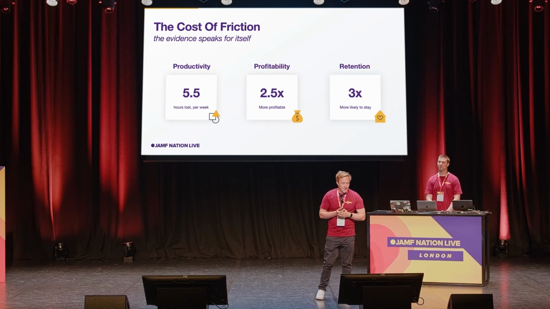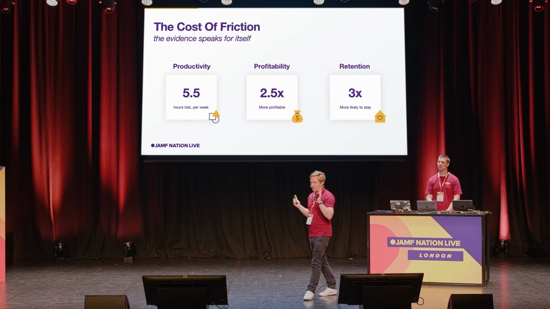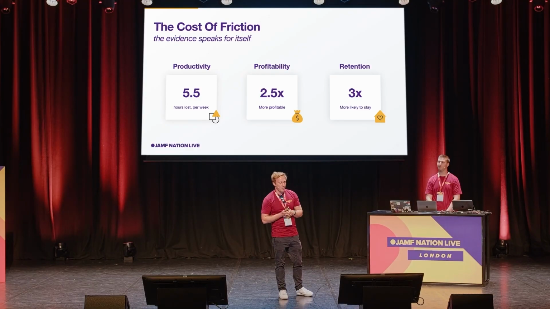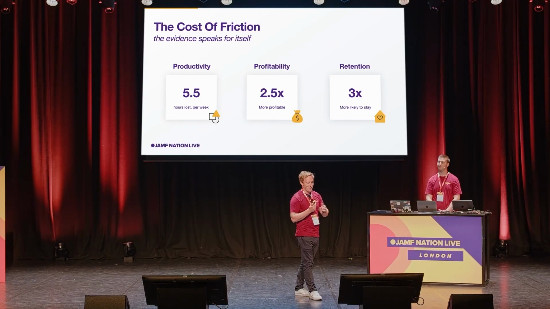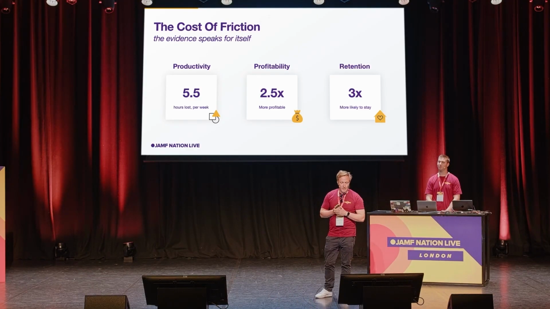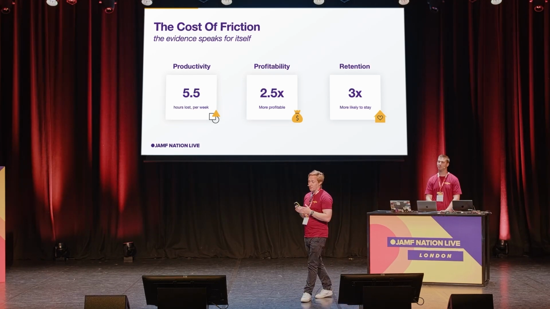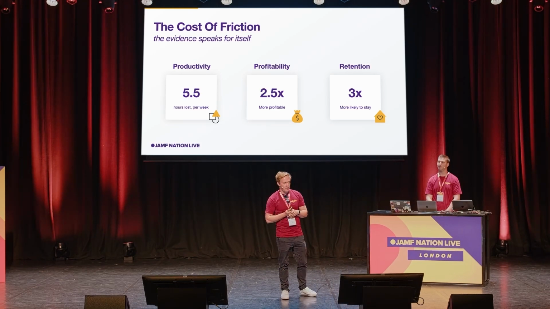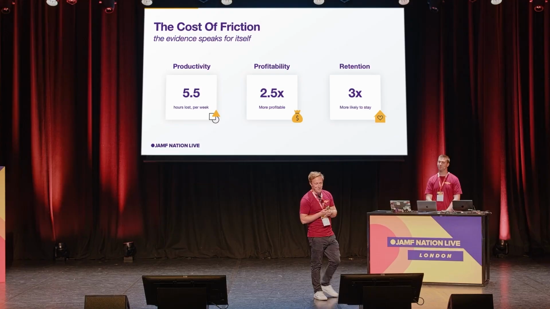So, as we mentioned, our roles have changed, and shifting beyond keeping the lights on, we've got some tangible categories around the cost of friction. The first is productivity. I've mentioned it quite a few times previously.